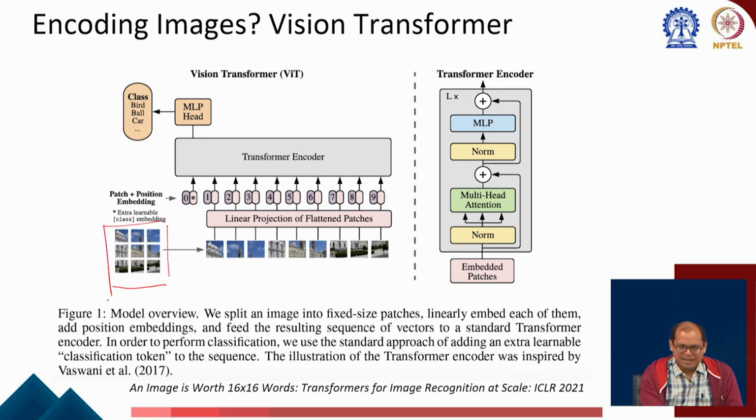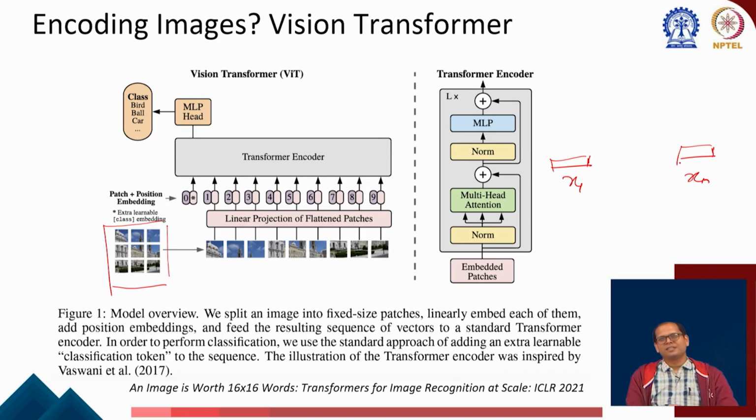So how do I encode using a transformer? The idea is if you can give me some x1 to xn latent representations, of the model dimension, I can just use the exact encoding framework to encode and obtain the final h1 to hn representation. Right? I can do that with the transformer. The question is, how do you get this representation from an image?